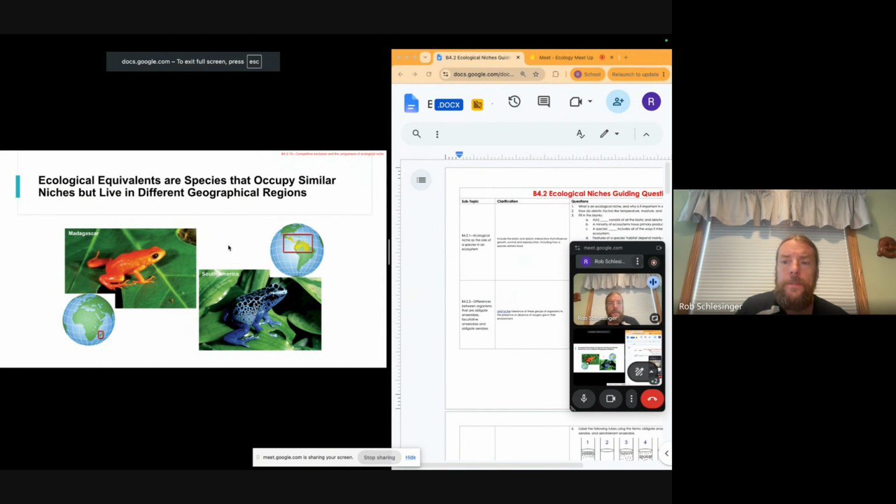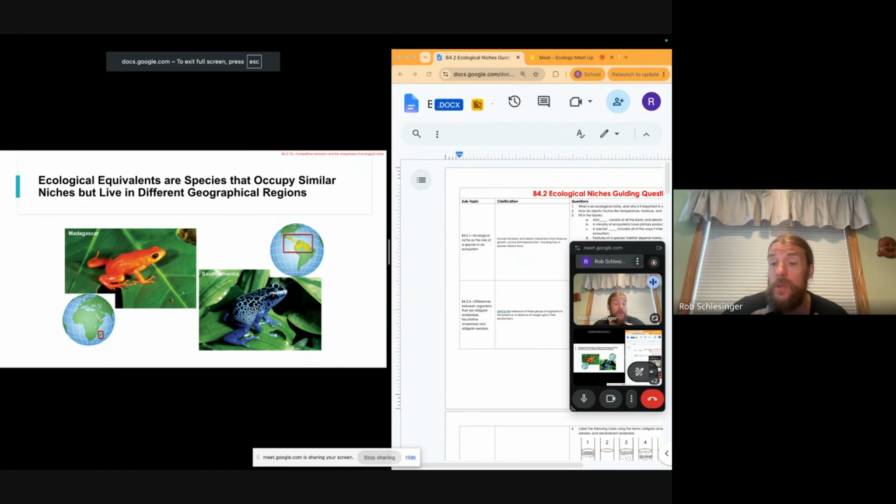There's this idea called ecological equivalence, and it's a product of something called convergent evolution. If the abiotic factors of a particular area are very similar to another area, even on the other side of the globe, you can get organisms that evolve totally independent of one another, but look and act very similarly.